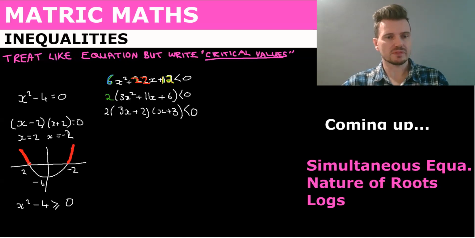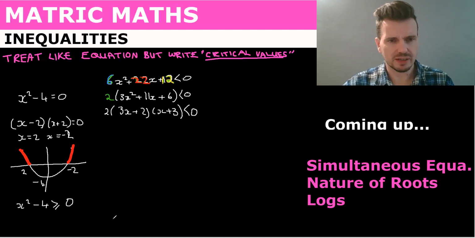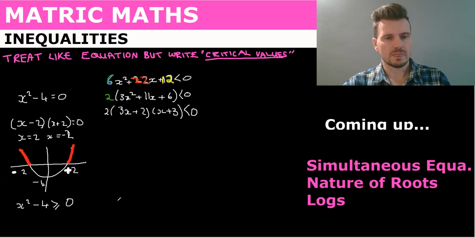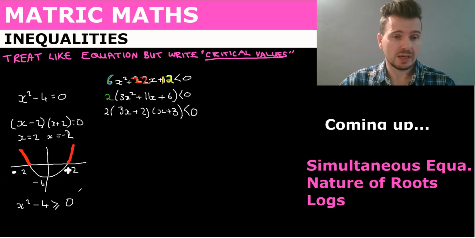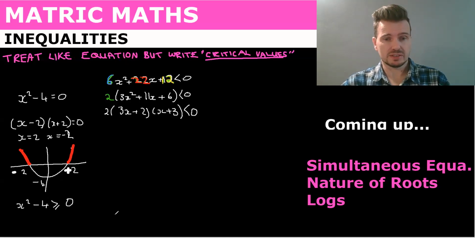So from 2 to infinity, and from negative 2 to negative infinity. I wrote those the wrong way around. So positive 2 to infinity and negative 2 to negative infinity. Those values would be where x squared minus 4 was greater than 0.